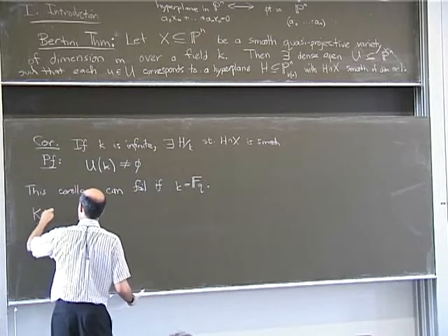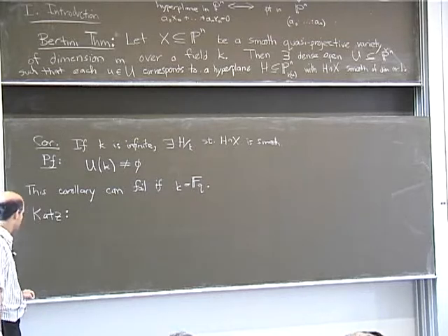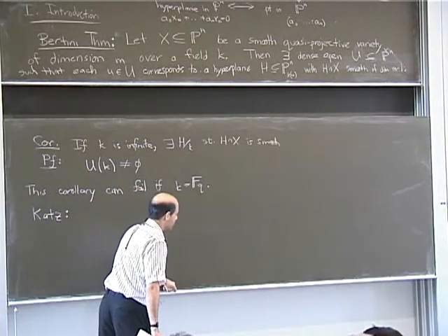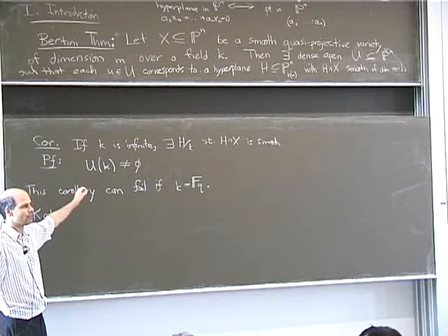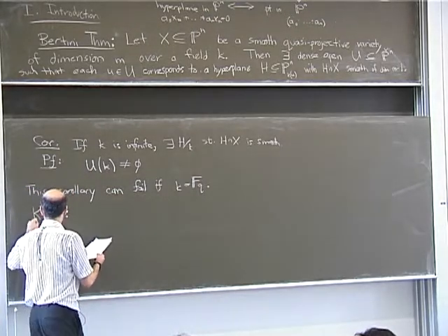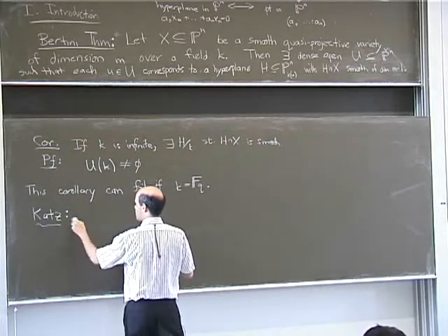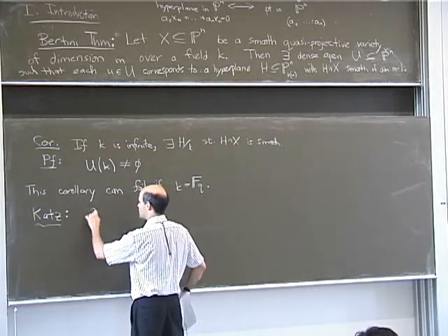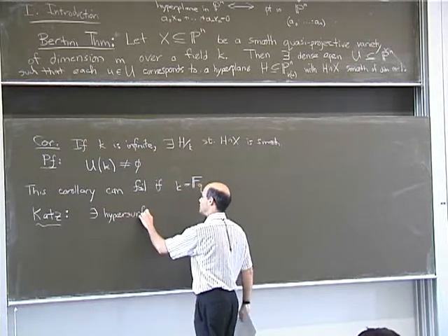Because of this, Nick Katz asked the following question. There are two possible ways you could solve this problem. One would be to enlarge the ground field, and of course you can do that because the Bertini theorem is true over F_p bar. But the other way you could try to resolve this is to ask whether there exists not a hyperplane but a hypersurface of higher degree.